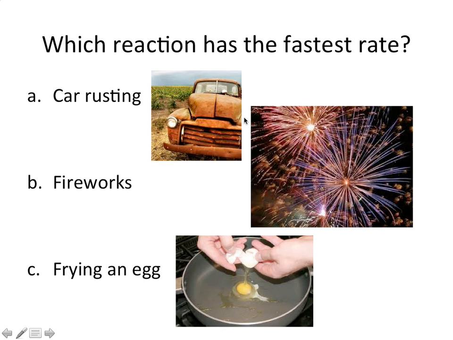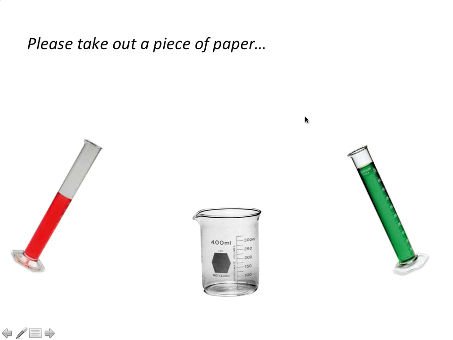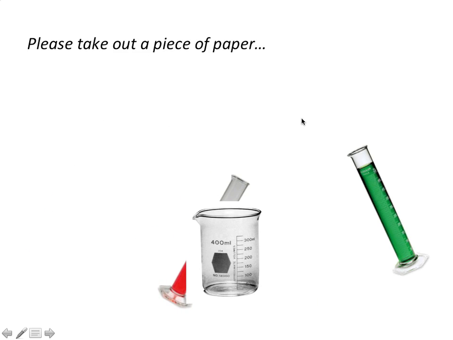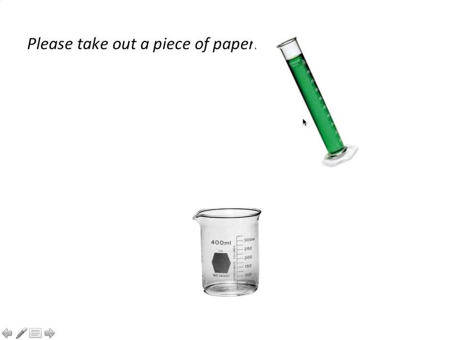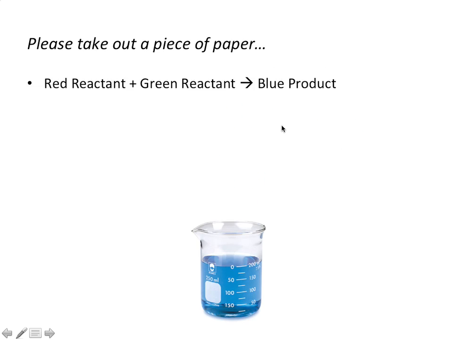So looking at these, we've got a car resting, fireworks, and frying an egg, and the fastest initial rate of reaction is definitely going to be the fireworks. We have a very quick reaction happening in a very short span of time. So if we take a look here, we've got some red reactant going into a beaker, some green reactant going into a beaker to form some blue product.